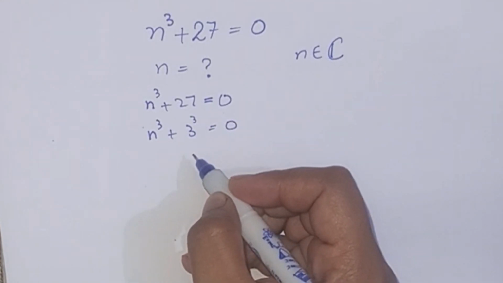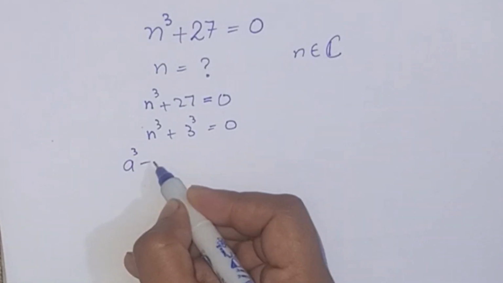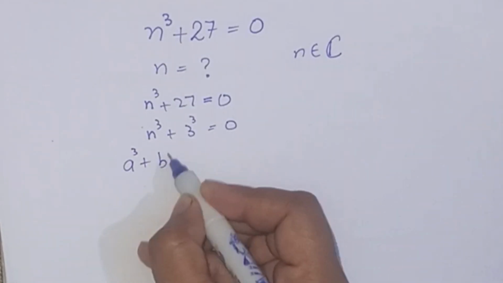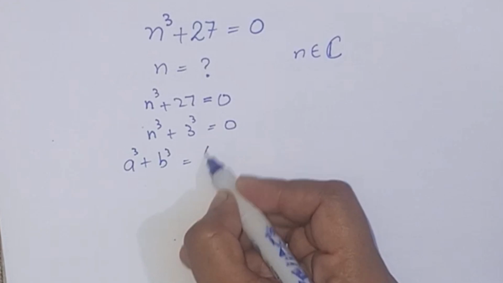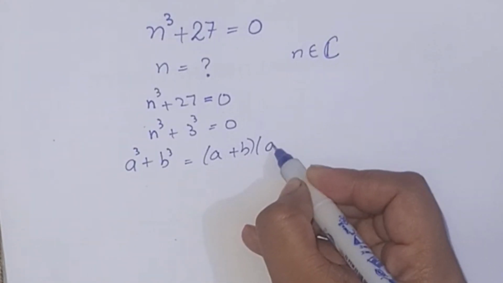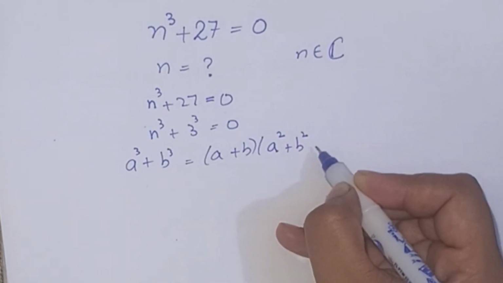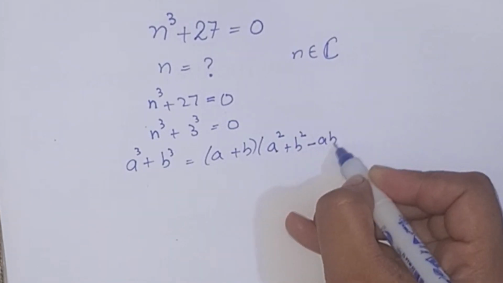Now here we recall an identity, and we know that a cube plus b cube is equal to a plus b, multiplied by a square plus b square minus the product of ab.